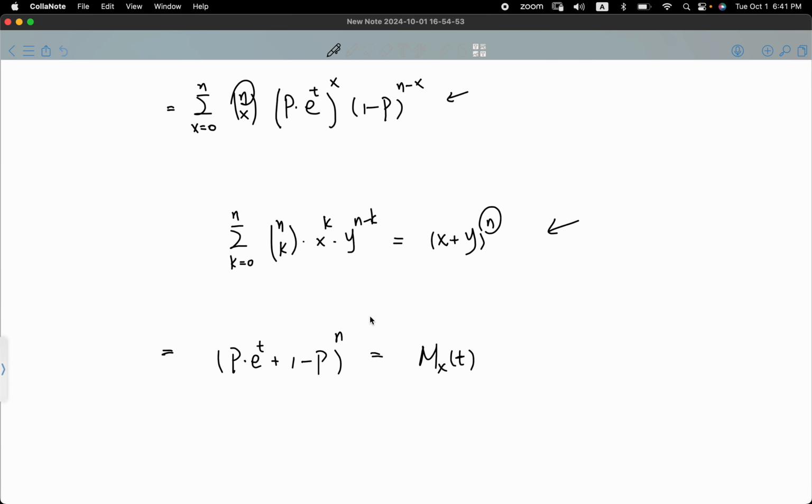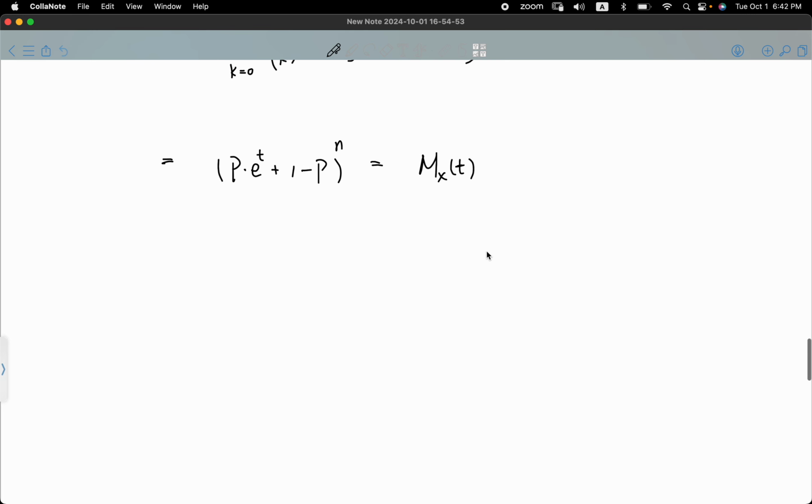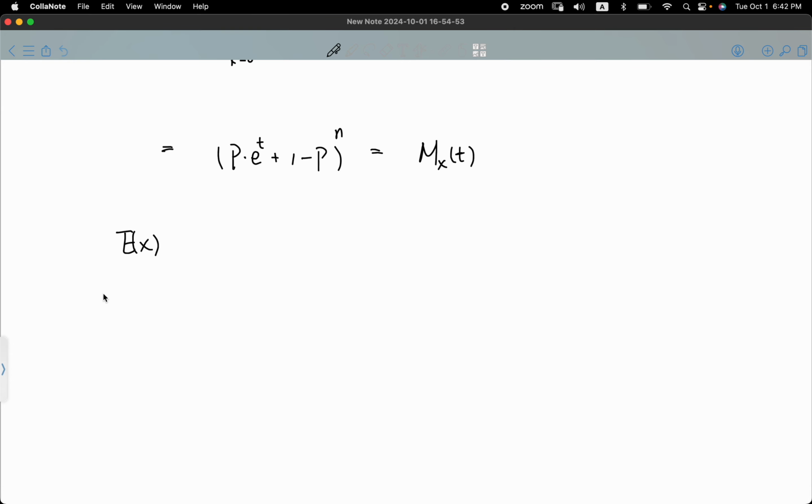Any questions or comments up to this point? Okay, then just to conclude today's lecture, let's calculate E[X] by taking the first-order derivative with respect to what here?